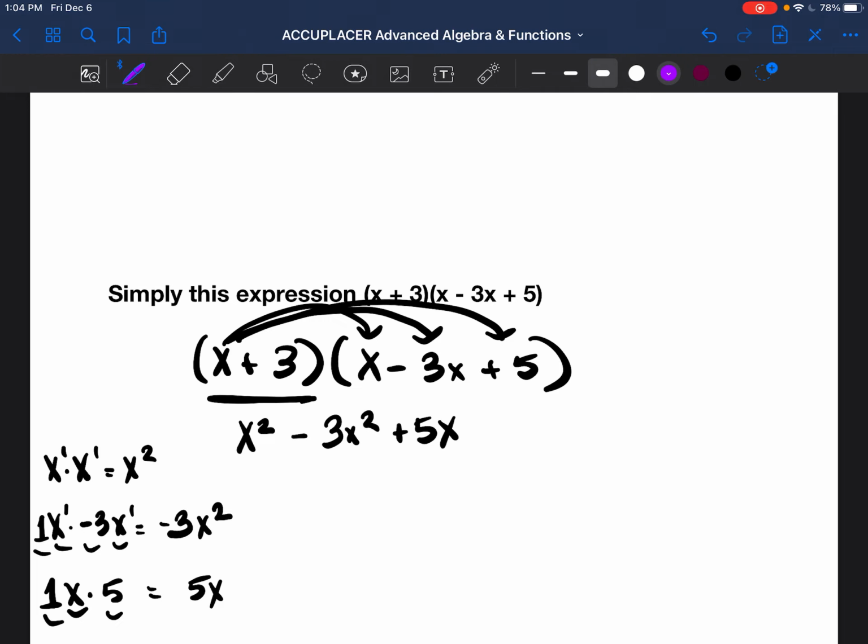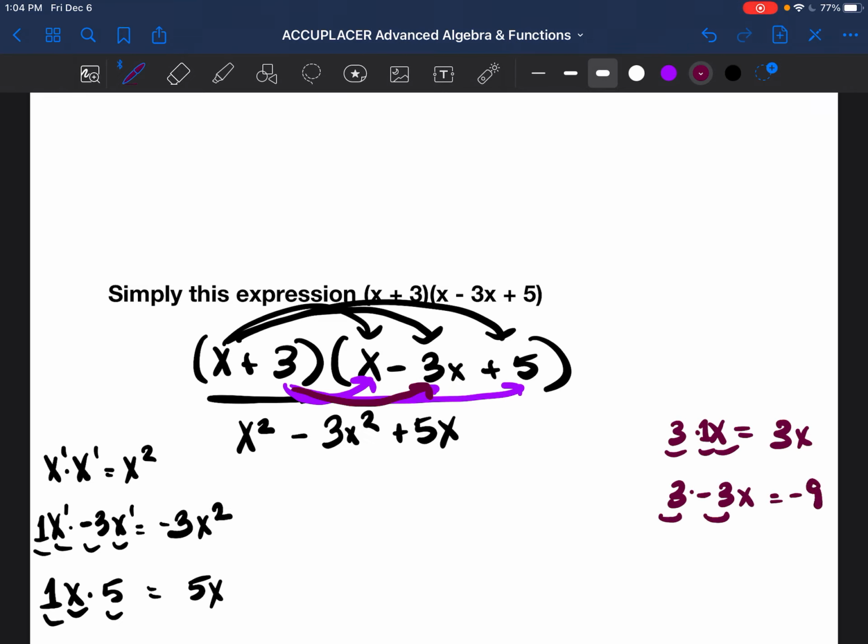So now we're going to multiply the 3 by everything in the second parentheses, because that's the distributive method. So 3 times x. There's an invisible 1 there. 3 times 1 is 3. There's nothing to multiply the x by, so 3x. Then we're going to do 3 times negative 3x. 3 times negative 3 is negative 9.